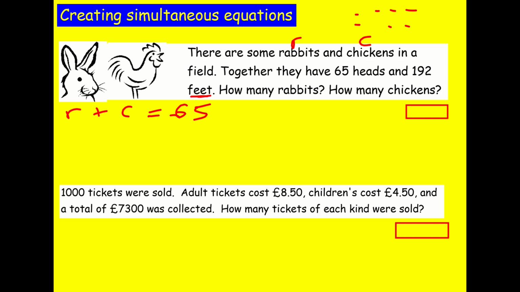Rabbits have 4 feet, so the total number of rabbit feet is going to be 4R. Chickens have 2 feet, so the total number of chicken feet is going to be 2 lots of C. And if I add those together, that will give me the total number of feet, and that will be 192. And this is my first set of simultaneous equations that I've created.